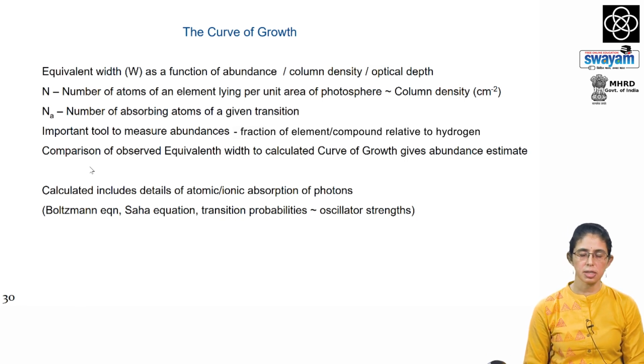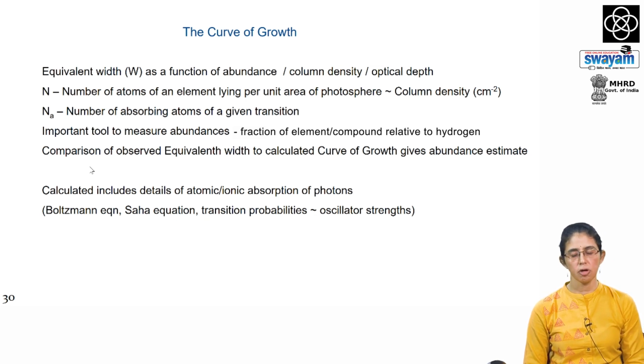Curve of growth represents a relation between the equivalent width and the abundance. And to calculate the curve of growth, one needs to incorporate a number of details of the species in addition to statistical physics, that includes the Boltzmann equation, Saha equation, as well as the transition probabilities or the oscillator strengths.